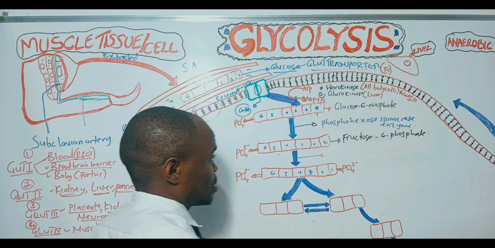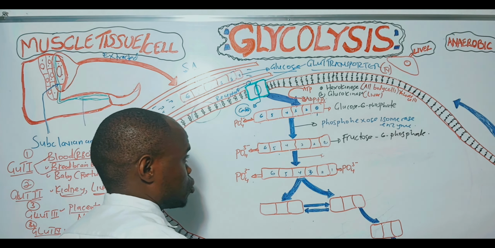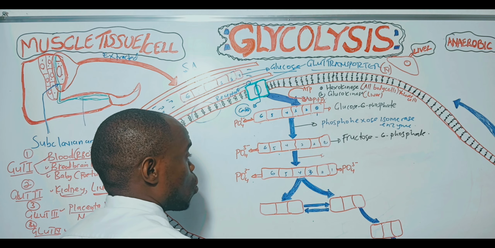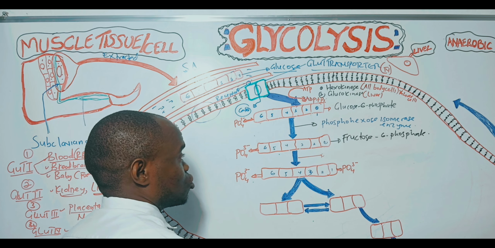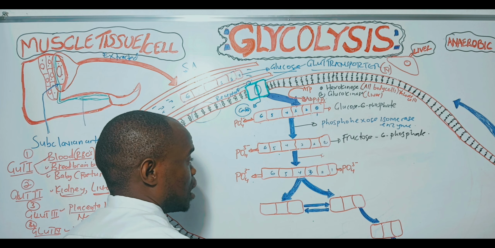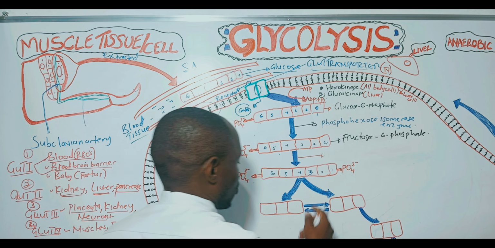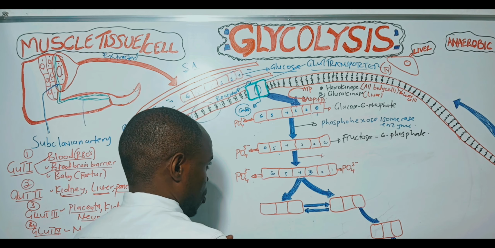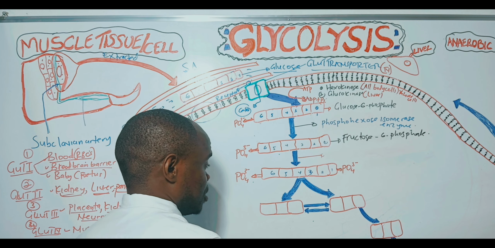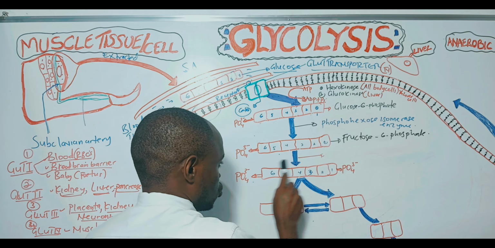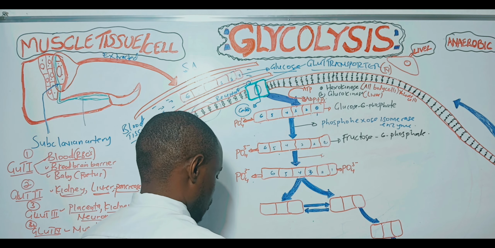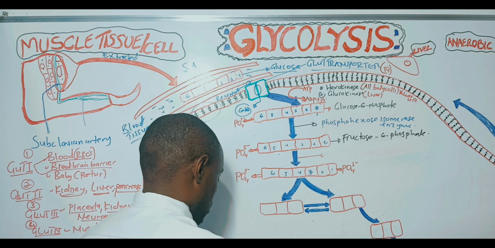Now the fructose 6 phosphate is going to be converted into this compound here. What is this compound here? It is going to gain some phosphate, which is added here on carbon number 1.